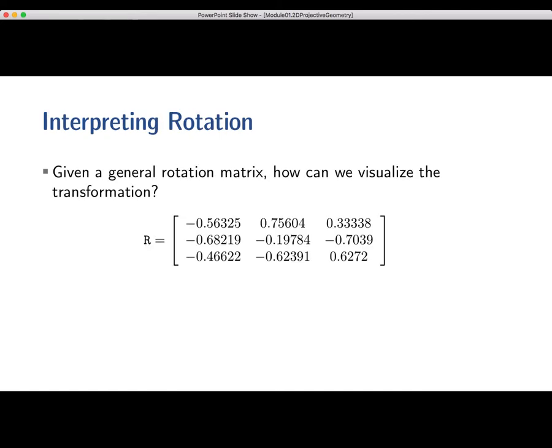Okay. One thing which is very useful in our course, I want you to see this clearly. Build this picture in your mind of how you interpret a rotation matrix. So this is a rotation matrix. What is it like? What is it doing? Of course, this is not a rotation about one of the principal axes, because if it was, then the row and the column corresponding to that principal axis should have been 0, 0, 1 type, a row or column of an identity matrix, and I don't see that here.